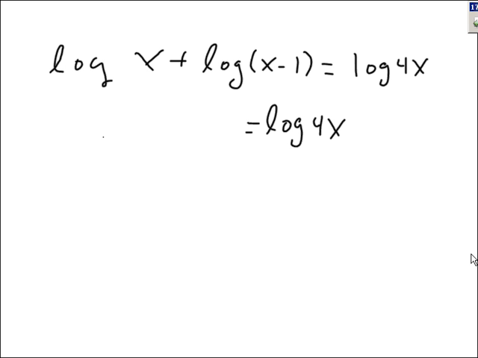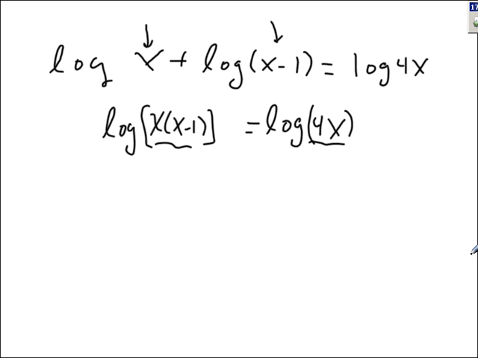And the left hand side is log of this plus log of that is log of this times that. Log of this mess equals log of that mess. So x times x minus 1 equals 4x. That's what we want to solve. If there is going to be an answer, it's going to come from here.